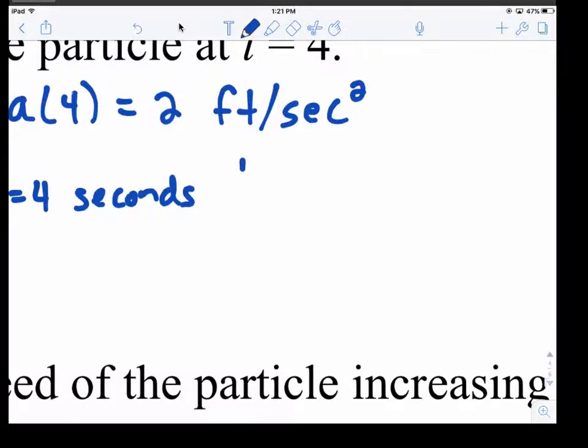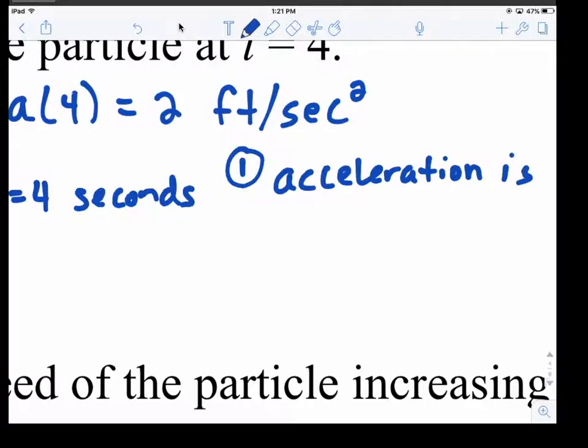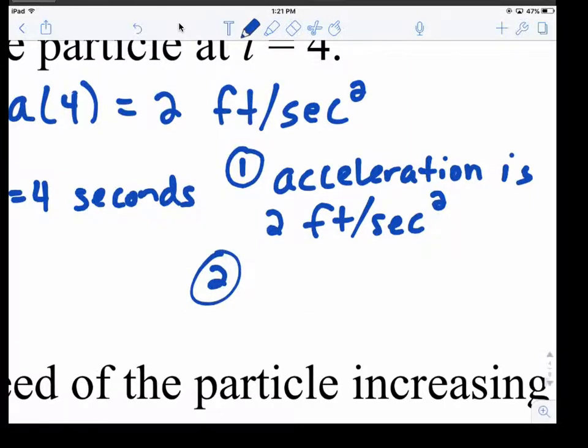You can say one, the acceleration is 2 feet per second squared. Or, since we figured out that the acceleration was 2, how does that connect with velocity? What is the velocity doing now?